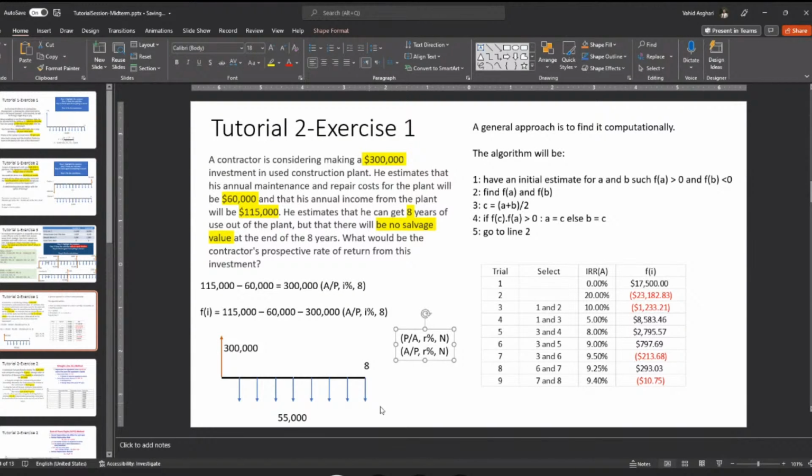We have only annual payments and the one initial investment. It doesn't matter which one of them you want to use. Both of them will work.